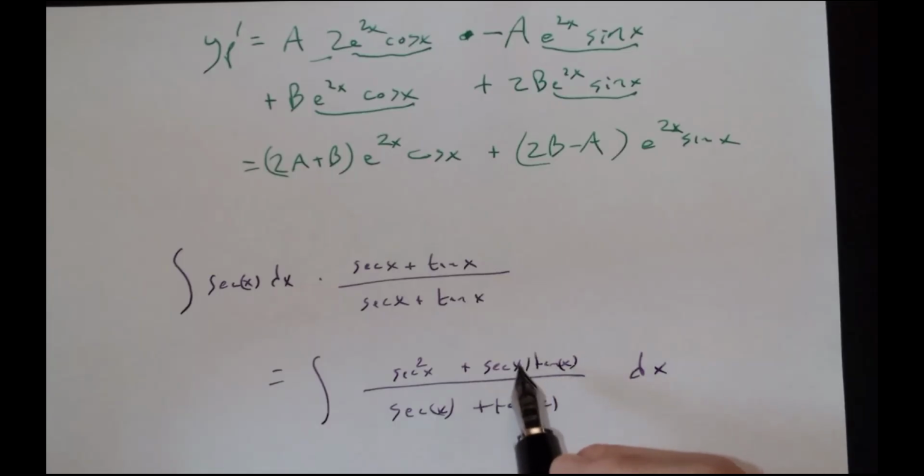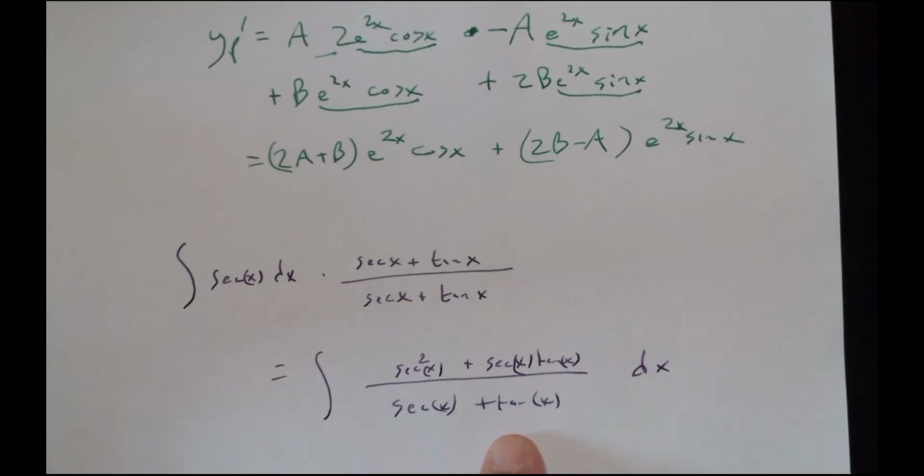Hey, wait a second. What's the derivative of tangent? Secant squared x. What's the derivative of secant? Secant tangent. If I do u equals this thing, then this is its derivative.